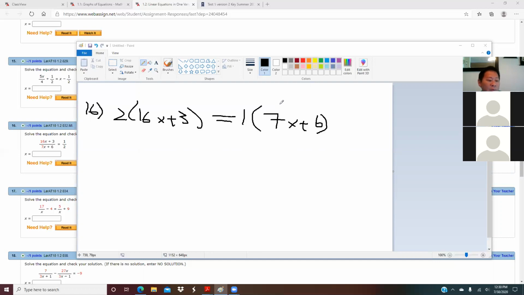Solve this equation. Very good, Devin, that is correct. Sanford, that is wrong. Try again. In order for you to have DNE, your x has to be all canceled out. I don't think so. Your x is not canceled out in this case. So Sanford, that is wrong. Yes, Natalie, that is correct.